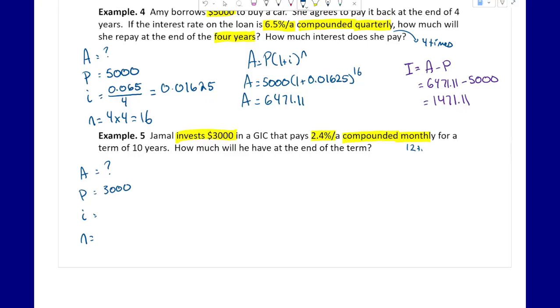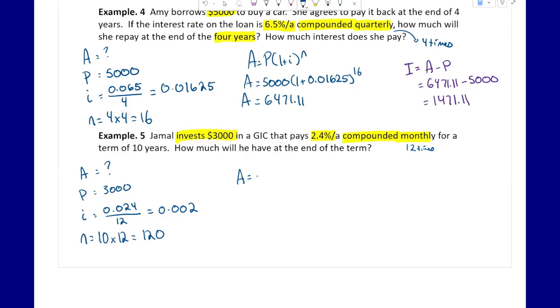Monthly means 12 times. So I have to take that 0.024 and divide it by 12, because if it's 2.4% per year, I want to know what it is per month. Dividing by 12, we get 0.002. And then N, the number of compounding periods, is 10 years times 12 months in a year, because it's compounded monthly, or 120.